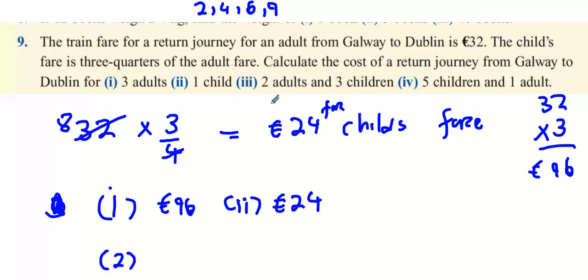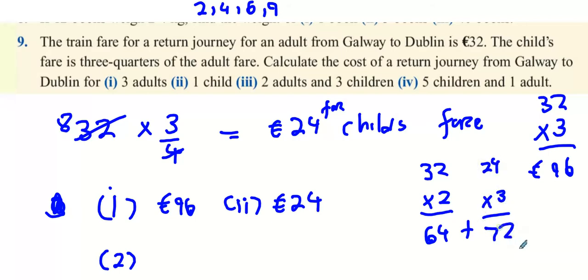Part 3, two adults and three children. Well, two adults is 2 times 32, which is 64. And then we've got to add that onto three children. So 3 times 24 is 72. 64 plus 72 is 136.